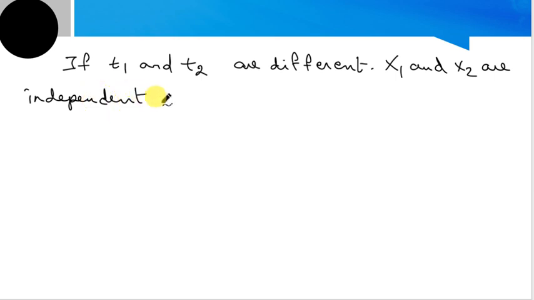Why are they independent random variables? I am denoting them by capital RV. They are independent because the tosses were independent.